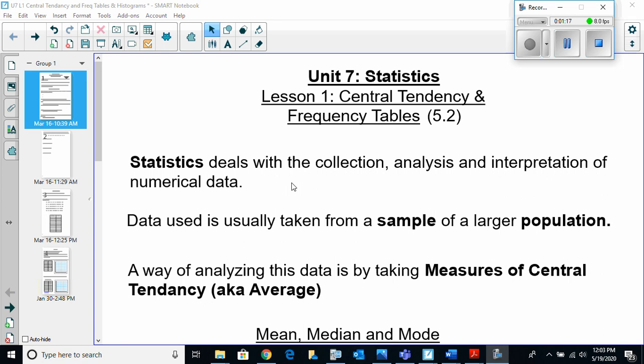But there are so many things involved in this. So if you have a population, let's say that you are dealing with the students at Father Lacombe, you are not going to interview every student at Father Lacombe. Father Lacombe is the population, while the number of students that you are asking is the sample.